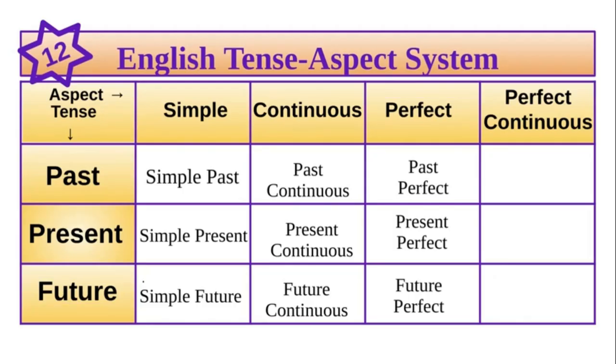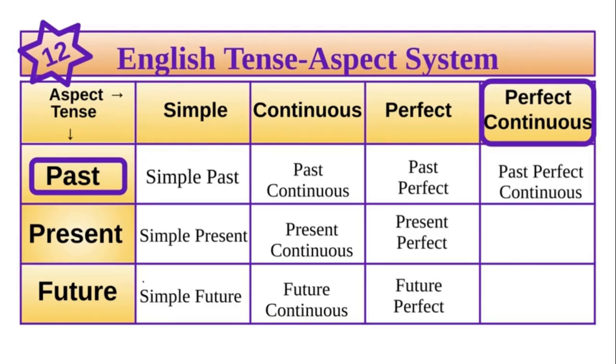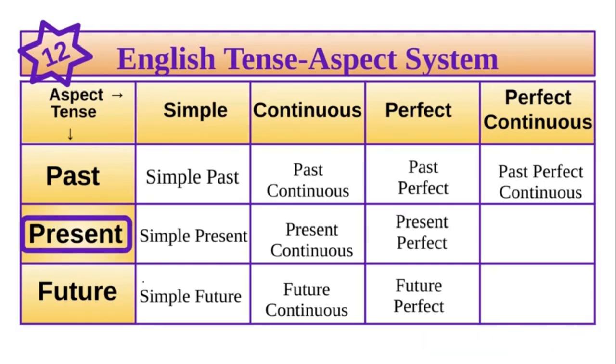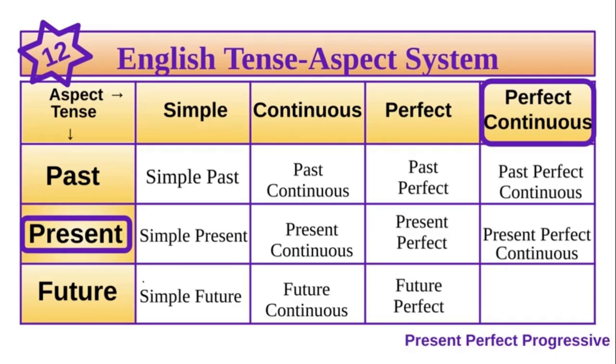and our last column, past perfect continuous, also called past perfect progressive. This column is going to be a mouthful when we get there, but hang on tight. Present perfect continuous, also called present perfect progressive.